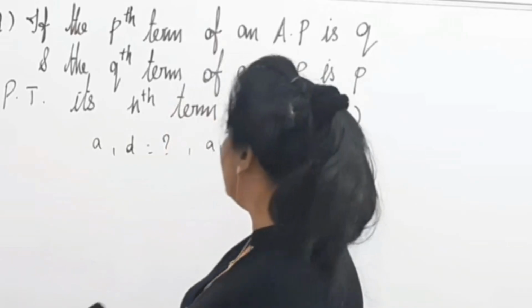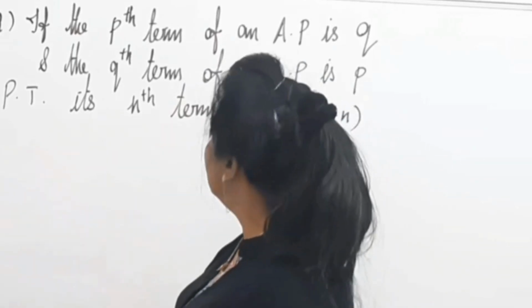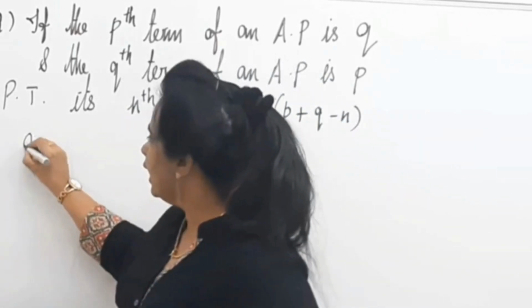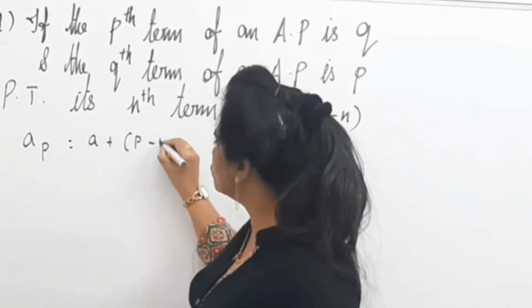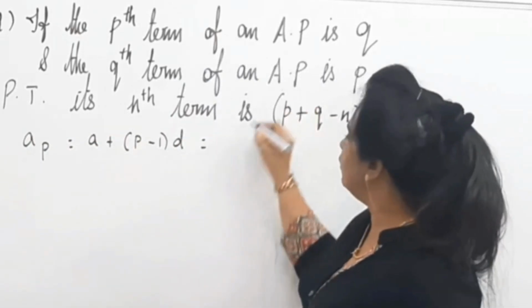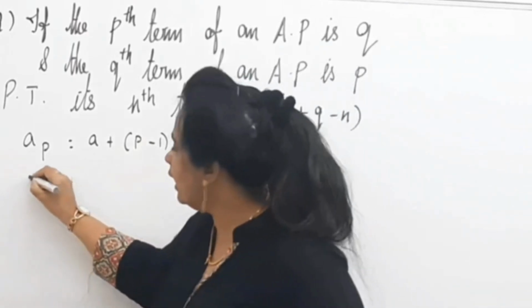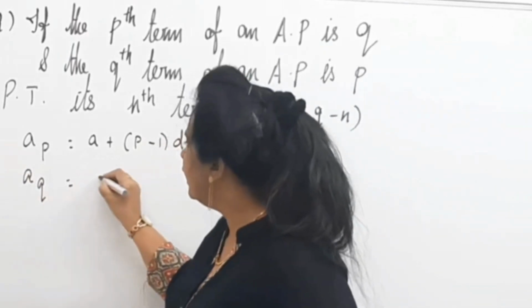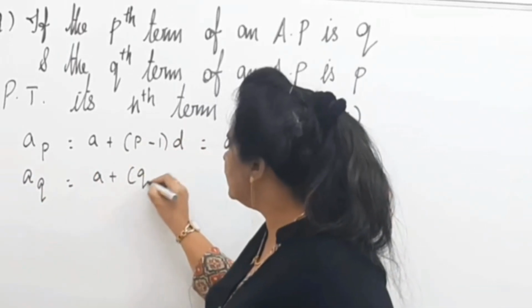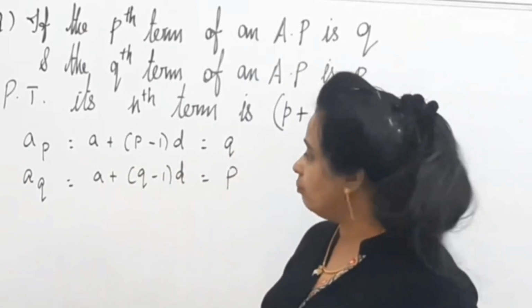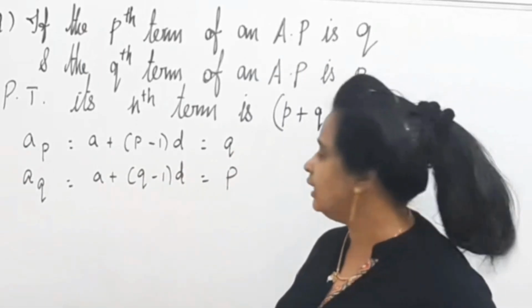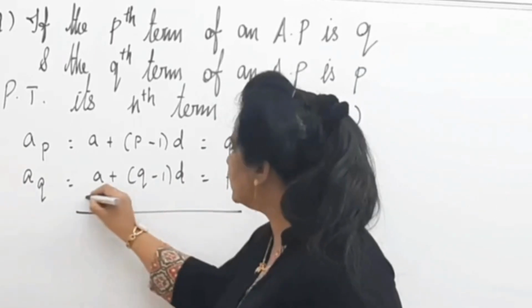Now, I will write what is given first. My pth term, that is a_p, is equal to a + (p - 1)d, which is given as q. And a_q is given as a + (q - 1)d, which is given as p. Now, my aim is to find a and d. So, I will go for cancellation.